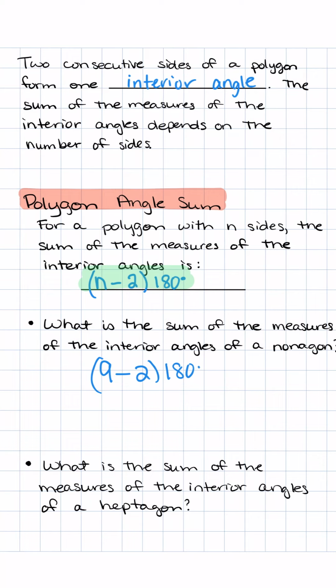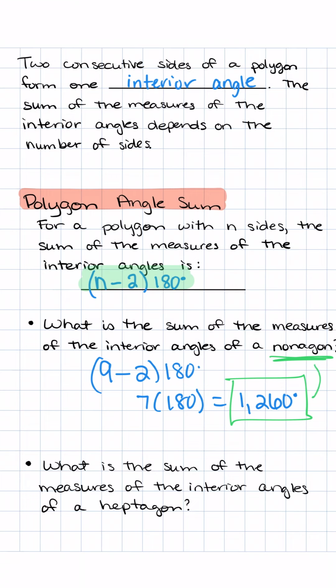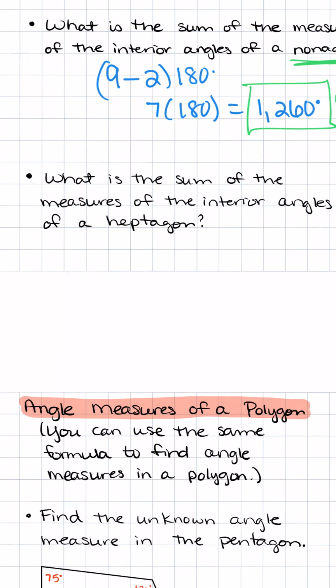So 9 minus 2 equals 7, and 7 times 180 is going to equal 1,260 degrees. So a nonagon, all of the angles added up, equal 1,260 degrees.